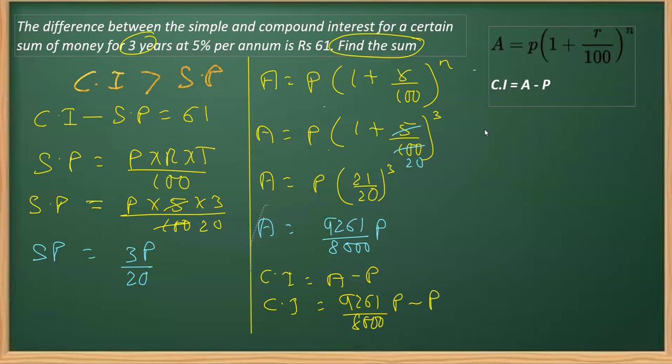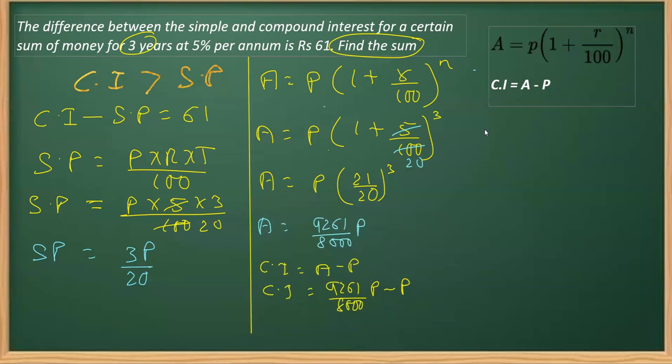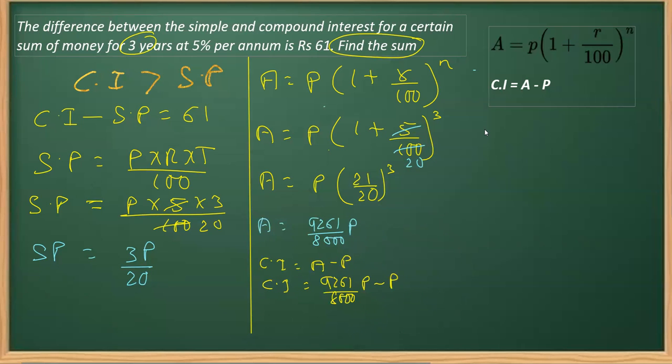So let's take LCM, and so CI is equal to 9261P minus 8000P, that divided by 8000.